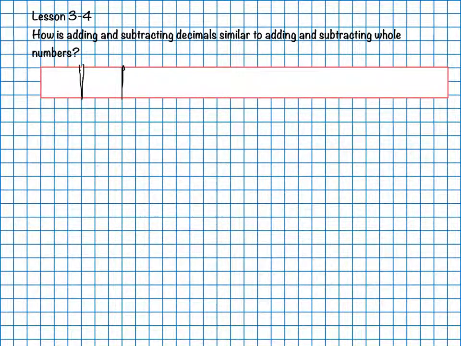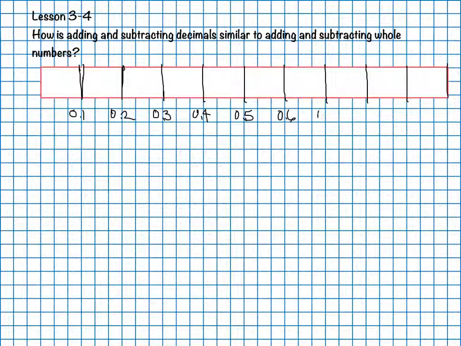So that's 2 tenths, 3 tenths, 4 tenths, 5 tenths, 6 tenths, 7 tenths, 8 tenths, 9 tenths, and we get here 10 tenths or 1 whole. And let's just label this so it's going to be 0.1, 0.2, 0.3, 0.4, 0.5, 0.6, 0.7, 0.8, 0.9, and 1.0.